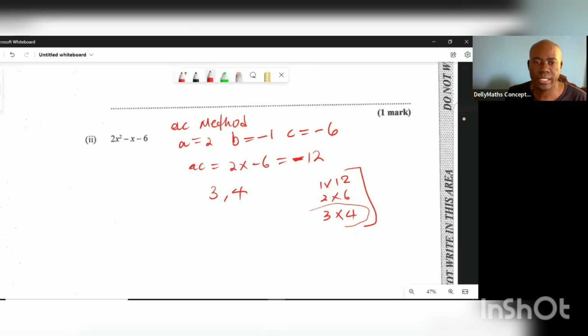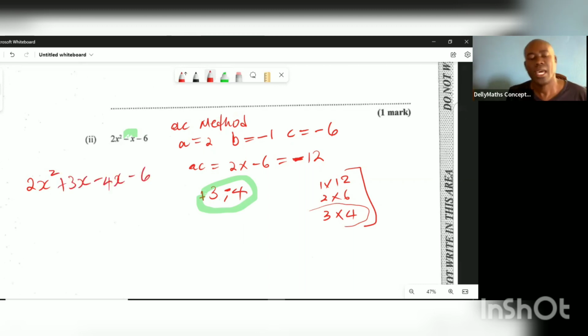The bigger one is 4, and B is negative, so the 3 is positive and the 4 is negative. These two numbers take the place of the middle term, so we'll have 2x squared plus 3x minus 4x minus 6. And now we have a chance to group these.